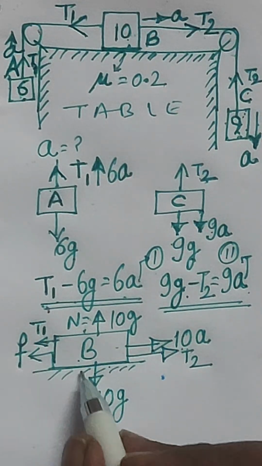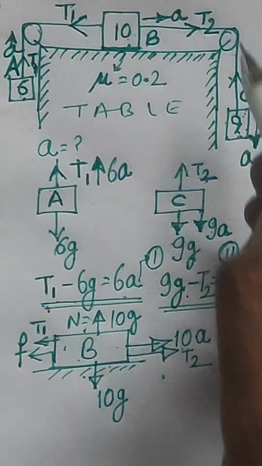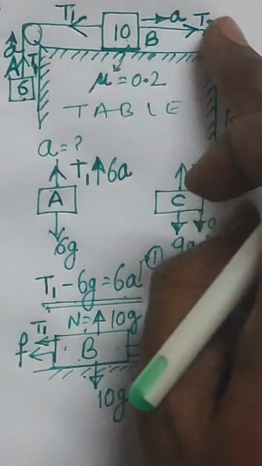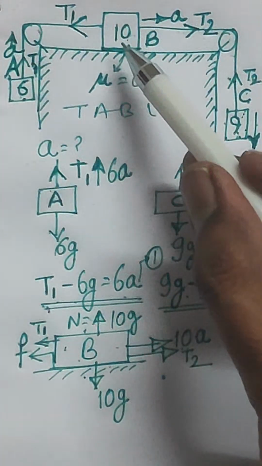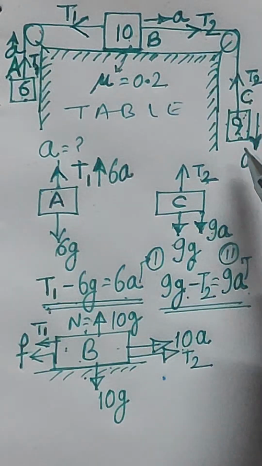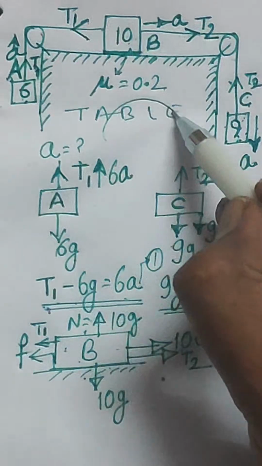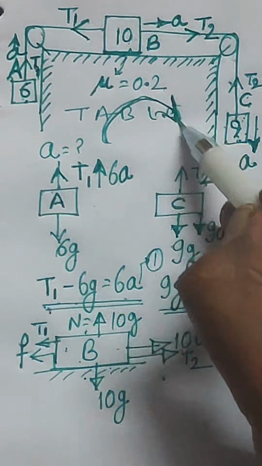So for 10a, which one is greater? T2 is greater, right? Why is T2 greater? Because this block is moving towards the right. Because 9 kg is greater than 6 kg, and the movement is happening like this.